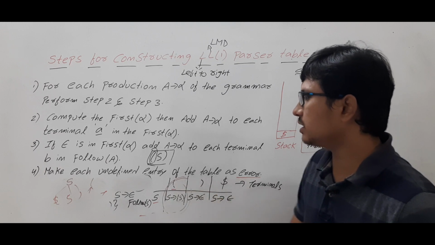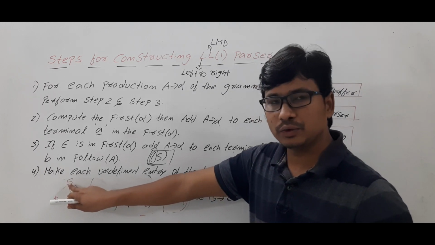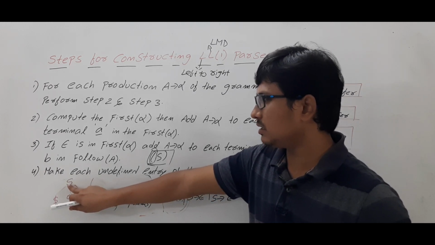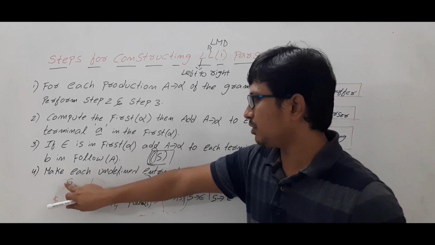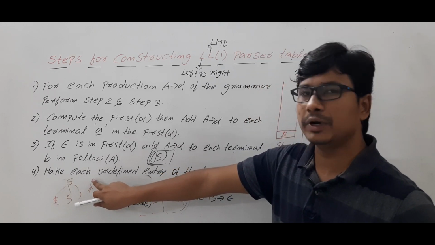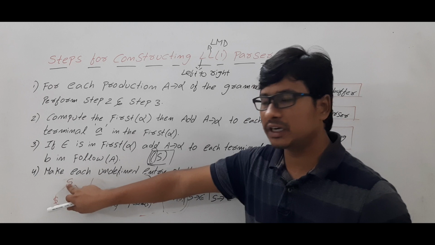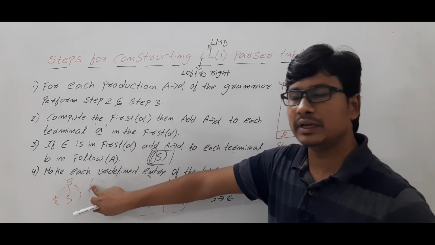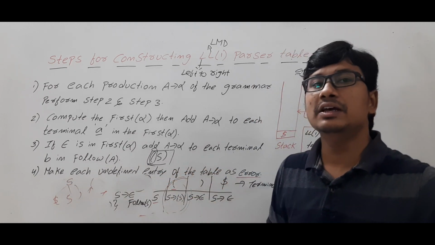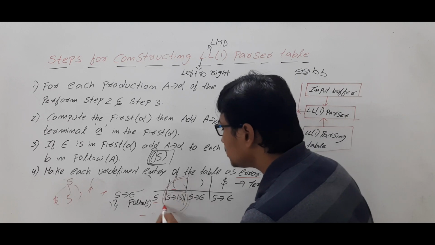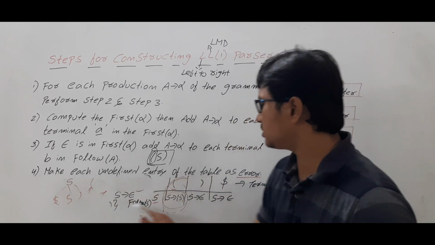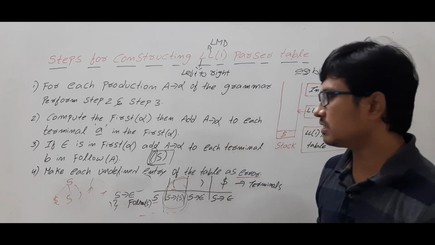When you are doing the parsing table construction, if you are at the non-terminal S and you have an input string open braces, then whatever production you want to use, you should use this production. Is it clear?